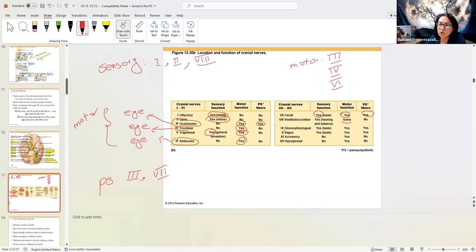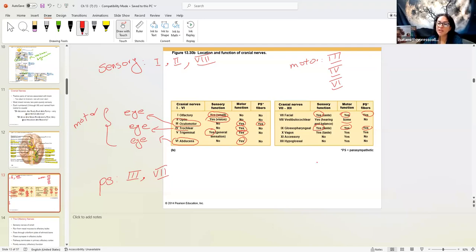Then we have the glossopharyngeal nerve, which is cranial nerve number 9. And you can see 3 yes under the glossopharyngeal nerve. 1 yes for the sensory, which means it carries the taste information from the tongue to the brain.